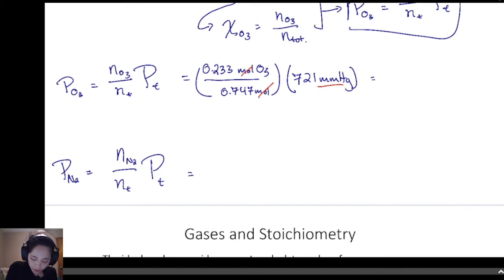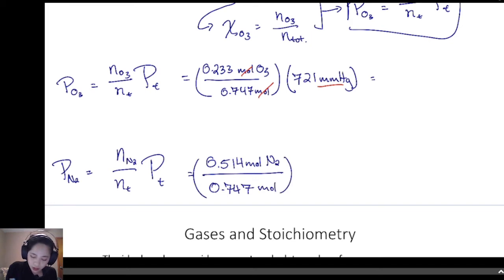But I'll write out the other equation too. So 0.514 moles of nitrogen over total number of moles, 0.747 moles, times 721, our total pressure.